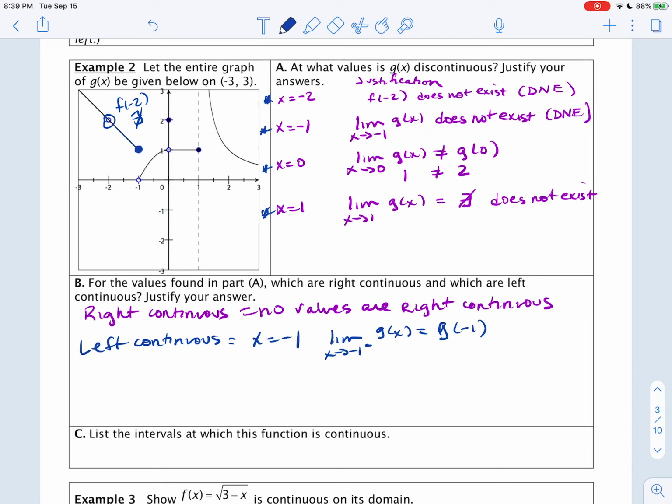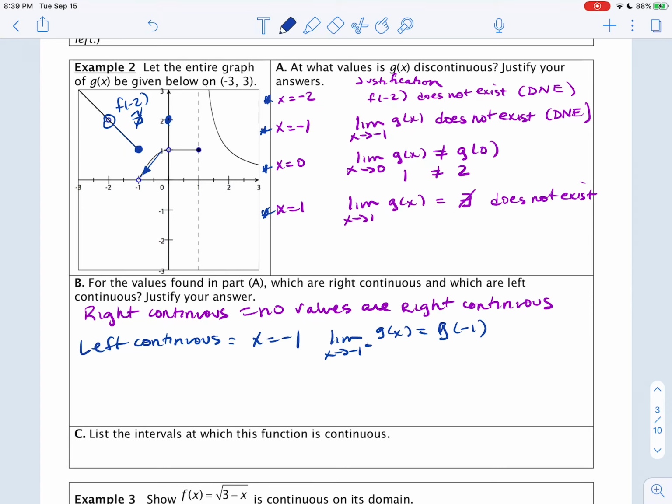It's not continuous from the left at 0 because the limit from the left is equal to 1, but the function output is equal to 2, so it is not continuous from the left at 0.